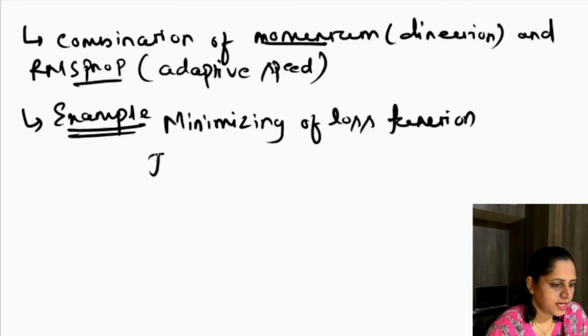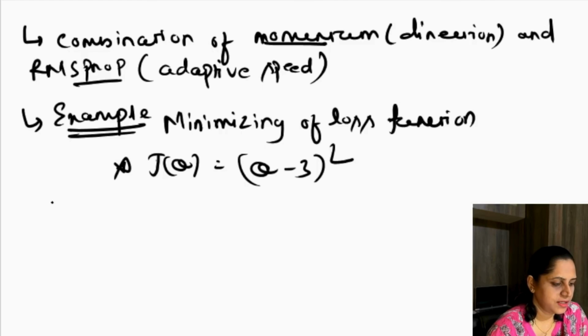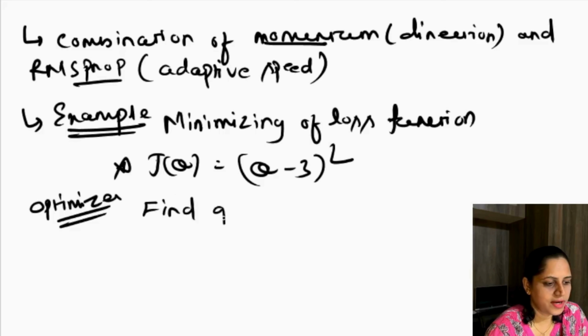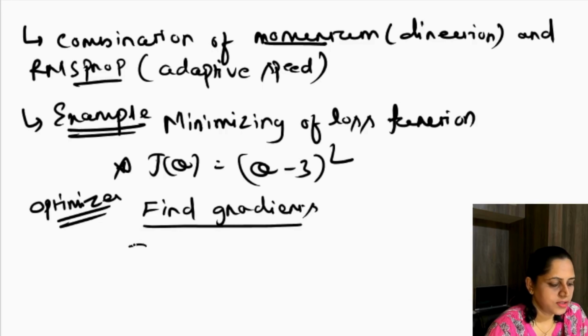So just take one loss function in that case, right? We have theta minus 3 square, so this is my loss function I have taken. What my optimizer will look for is gradients. So we need to find gradients, right? What is the formula? dJ by d theta, just 2 into theta minus 3.